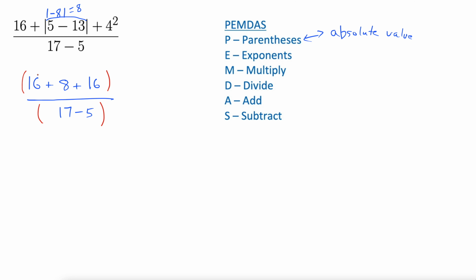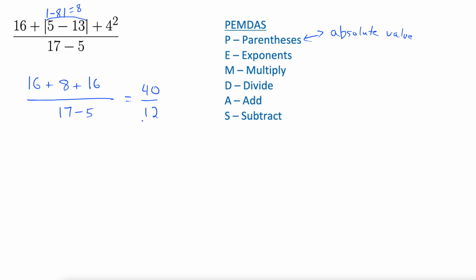By that I mean you evaluate it completely first before trying to divide. Up top we have 16 plus 16 is 32 plus 8, that's 40. Down here we have 17 minus 5, which is 12.